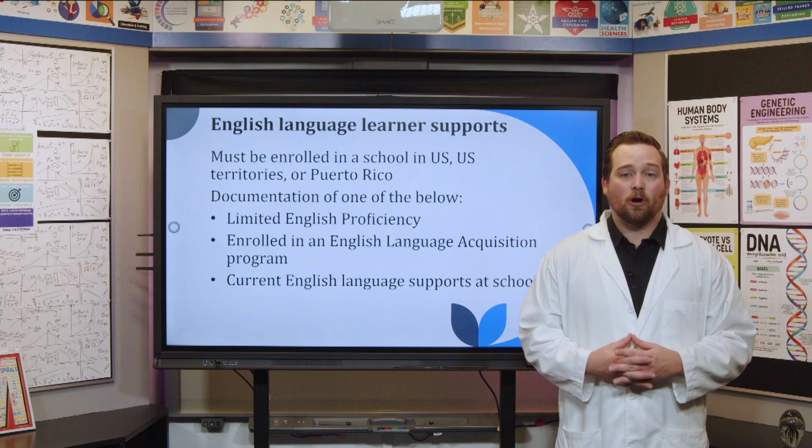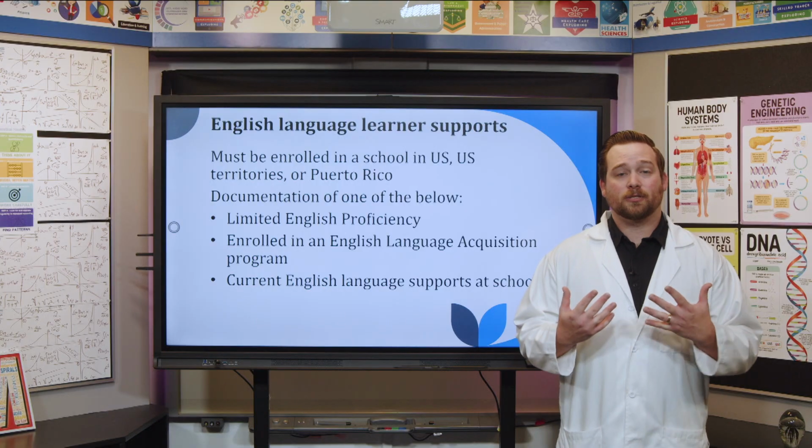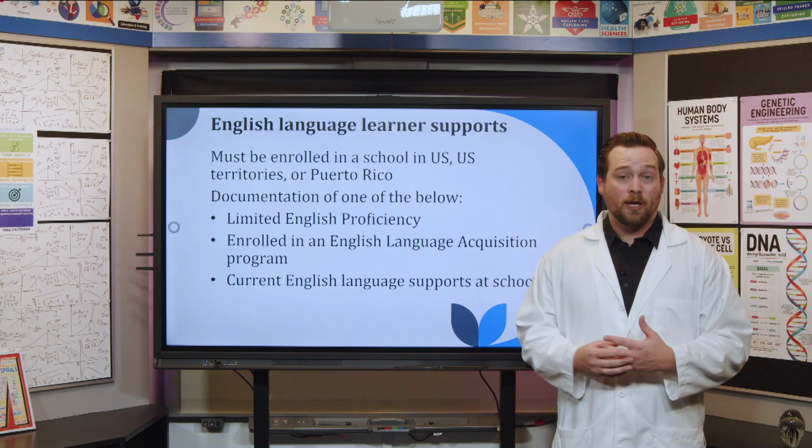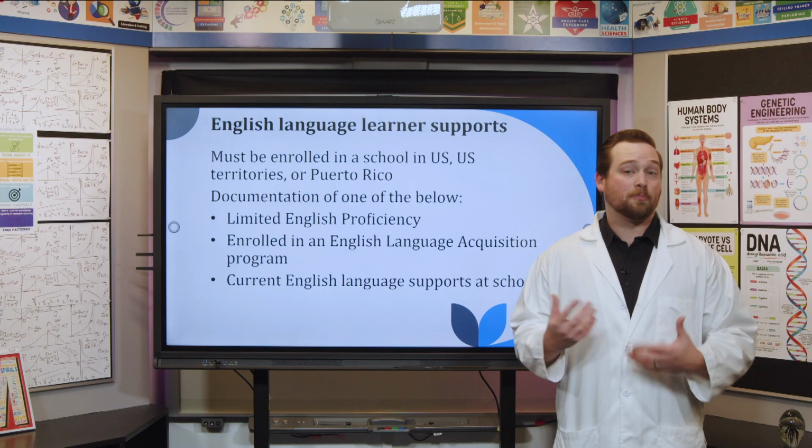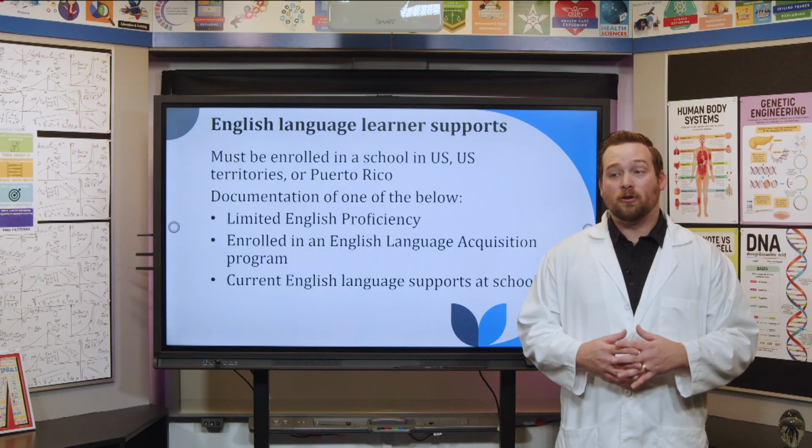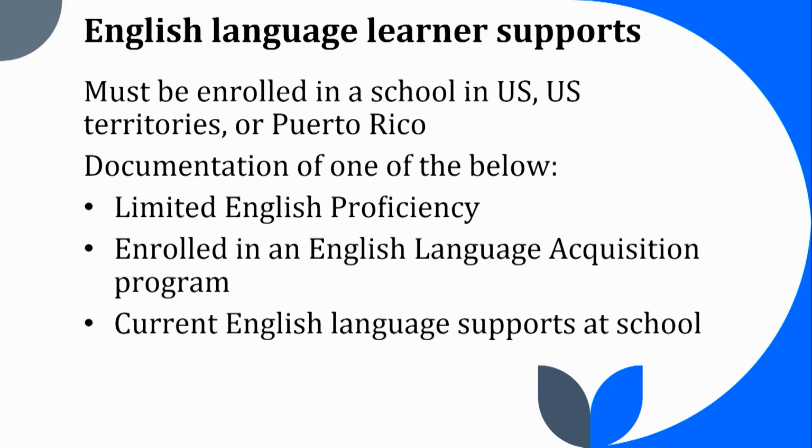Real quick, I wanted to talk about some accommodations for English language learners. These are people that might not be totally proficient in the English language. You can imagine how hard taking the ACT would be if you didn't speak the language that the ACT was written in. So in order to get these accommodations, you must be enrolled in a school in the U.S., in a U.S. territory, or in Puerto Rico. And you would need documentation of one of the following. You would need documentation that you have limited English proficiency.